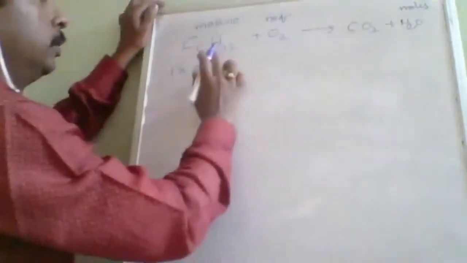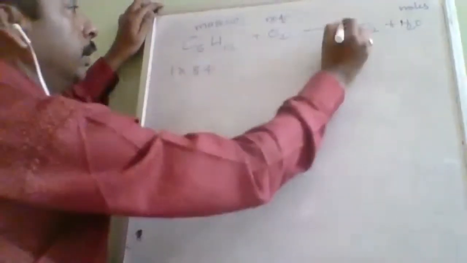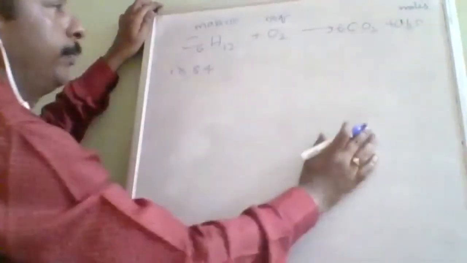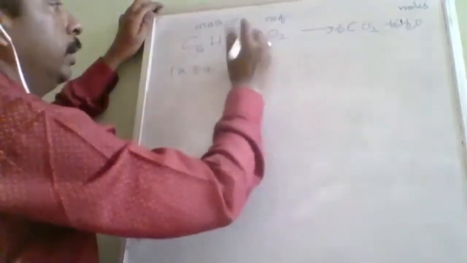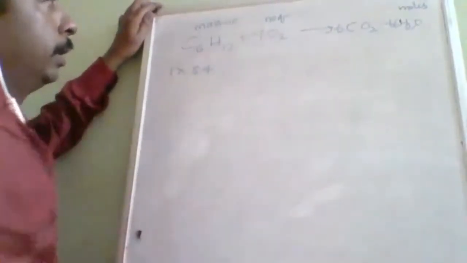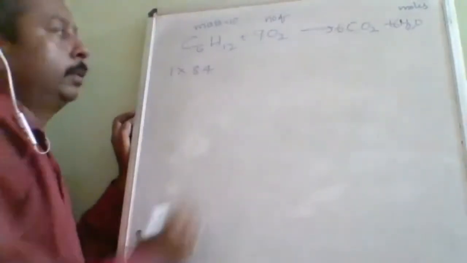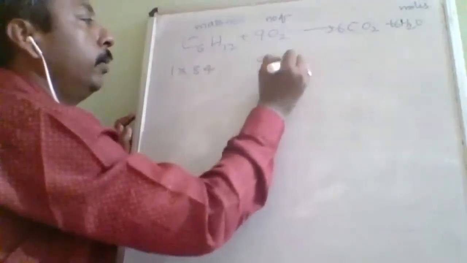For this, balancing is required. 6 CO2, 12 H means it will be 6 H2O. Then 6 plus 12, that is 18, plus here it is 9. Understood? So 9 moles of O2. For the number, what should we multiply?